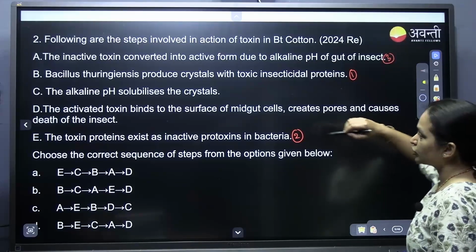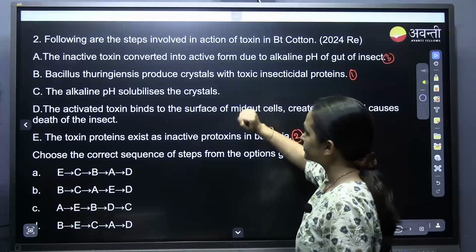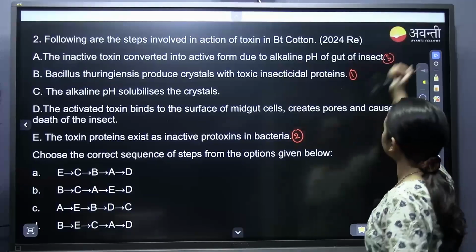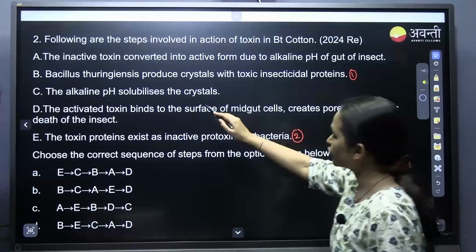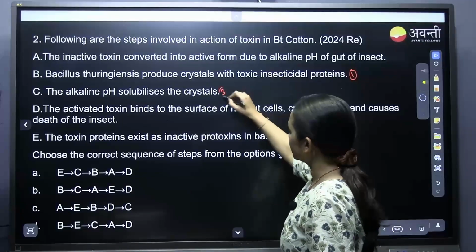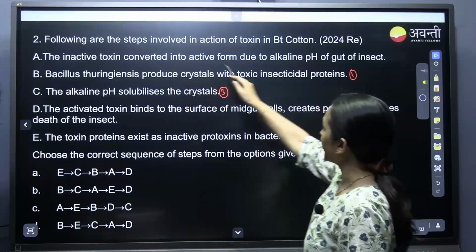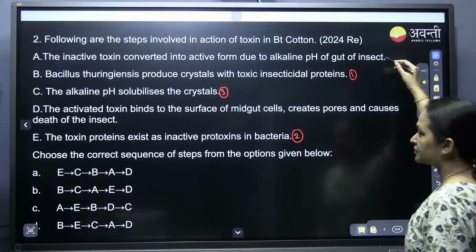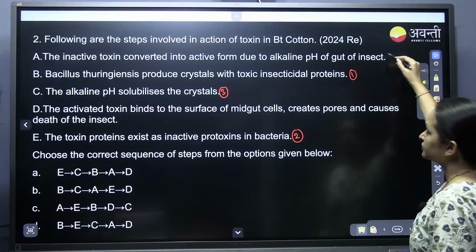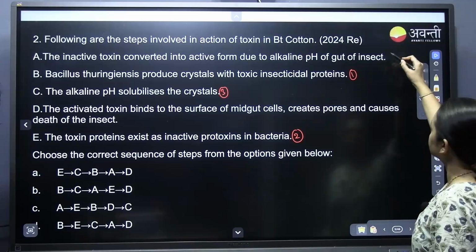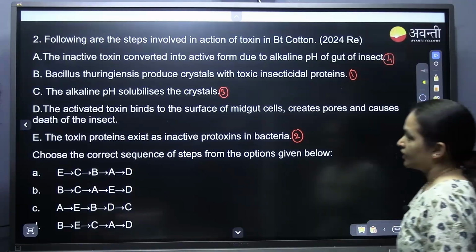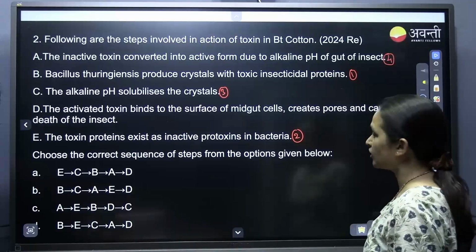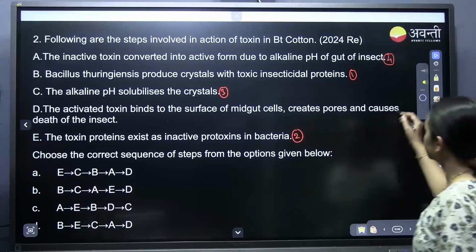The alkaline pH solubilizes the crystal first. And the activated toxin binds to the surface of the midgut cells, creates pores and causes death of the insect.